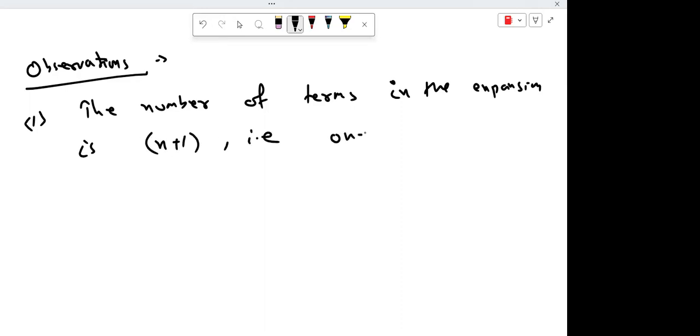That is one more than the power. Okay. When we write a plus b whole square, we get 3 terms. A plus b whole cube, we get 4 terms, and so on. If the power is 10, the number of terms will be 11.